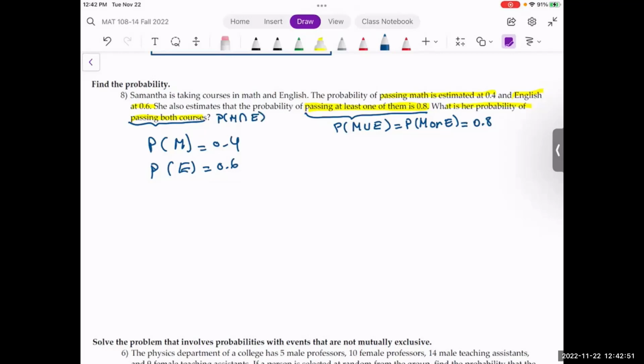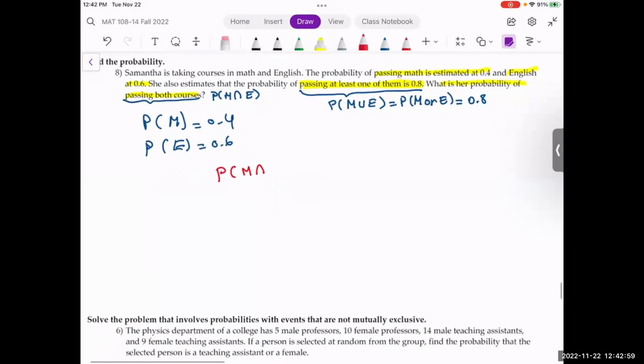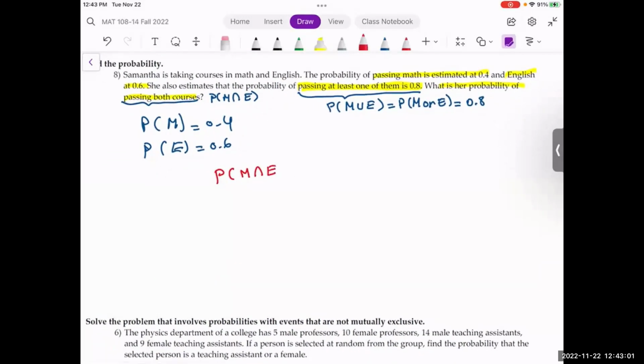Okay, so again, I will go with the formula, that's the easiest one. The probability of math and English plus the probability of math or English should be equal to the probability of math plus the probability of English.